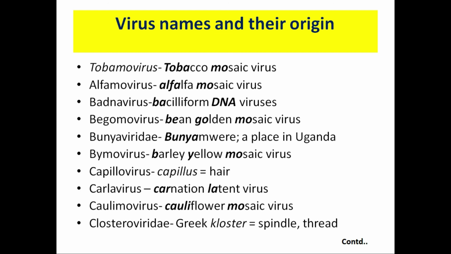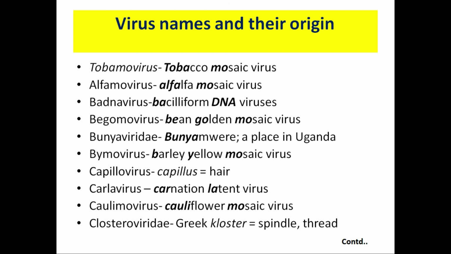It came from the name of a place in Uganda, Bunyamwera, a place in Uganda. Bymovirus, barley yellow mosaic virus. Capillovirus, capillus means hair, so the shape of the virus is helical. It appears so. Carlavirus means carnation latent virus.